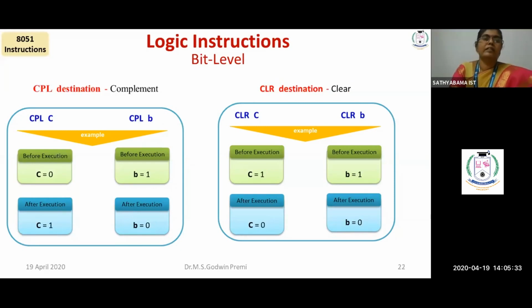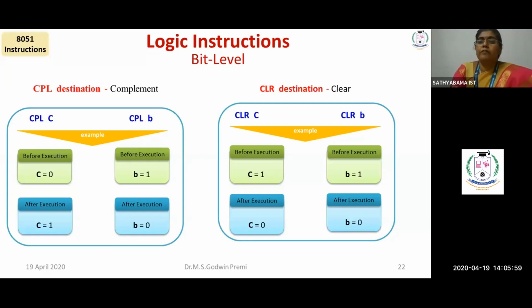So here the destination can be either the carry flag or the addressable bit. CPL, CPL indicates logically complement. So complement the carry flag bit or logically complement the addressable bit. So C is equal to 0 means it will be complemented to 1. If B equal to 1 means after execution we will be getting 0. In the same way, clear destination.